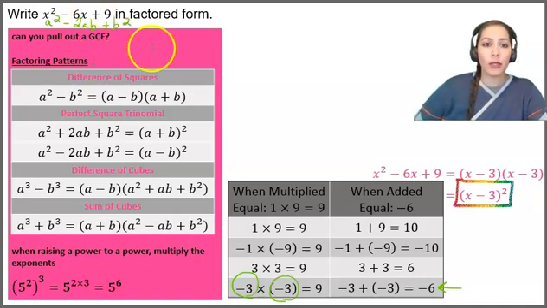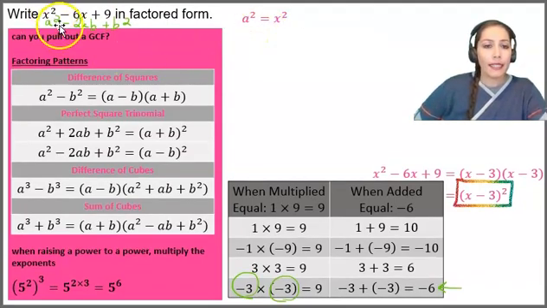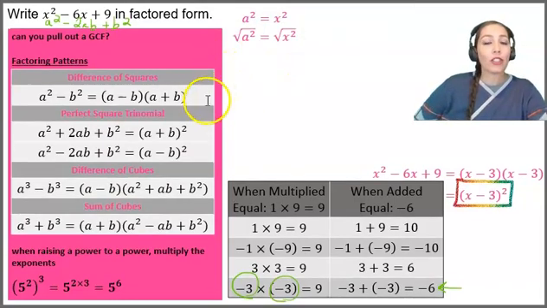So what I'm going to do is write my a squared. I know that a squared is equal to that x squared right there. But if you notice here in my answers, I need to find an a and a b so that I can subtract them and square them. I don't really need the a squared or the b squared, but that's what this formula gives me. So if I need an a, how do I get rid of the a squared? What I'm going to do is take the square root of it.